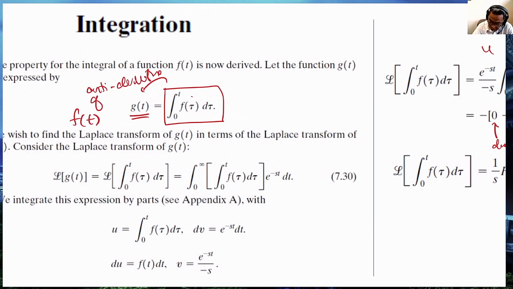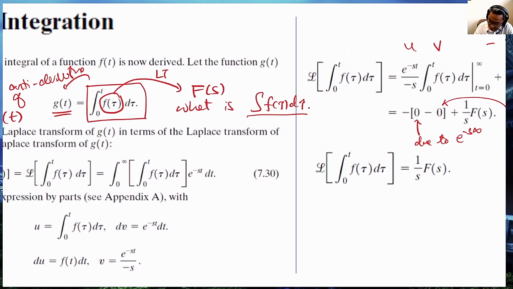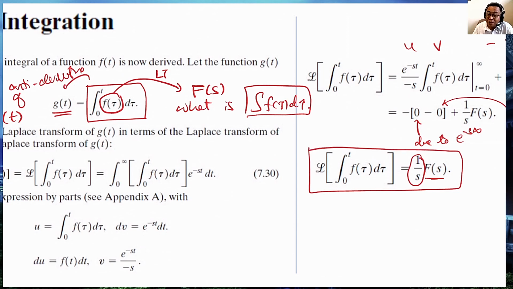So if f of tau has the Laplace transform F of s, what is the integration of f of tau d tau? And the surprising thing is that it is very, very simple. It is simply 1 over s times F of s. Okay, so integration becomes 1 over s. That's all in the Laplace domain.